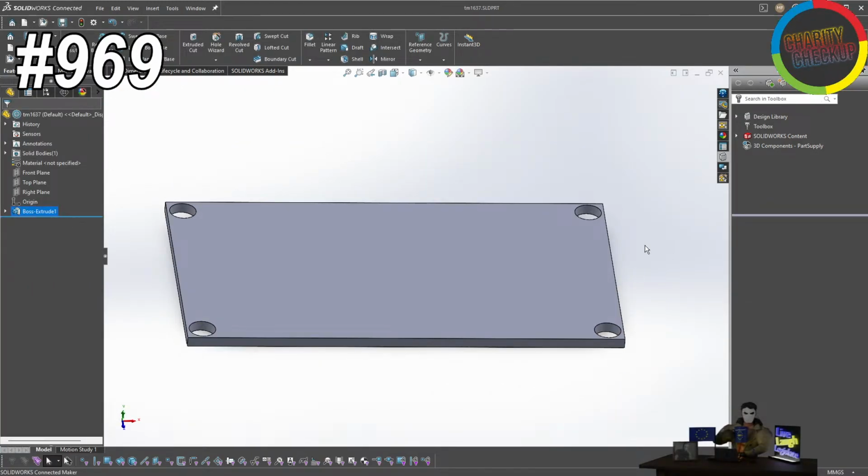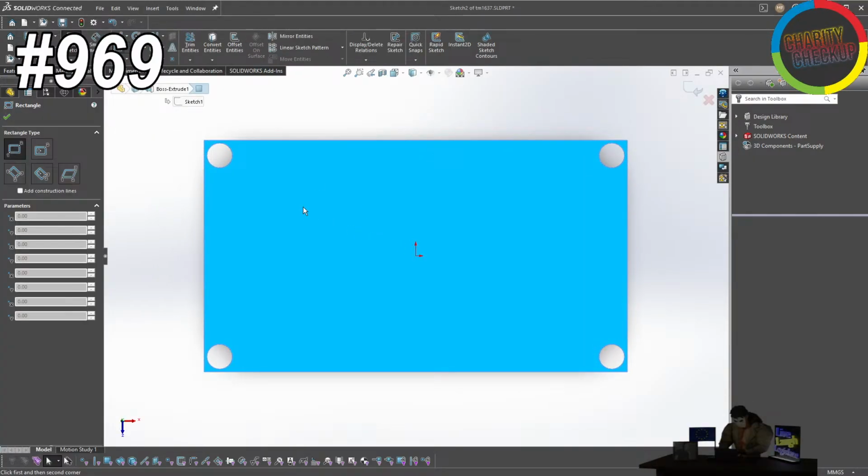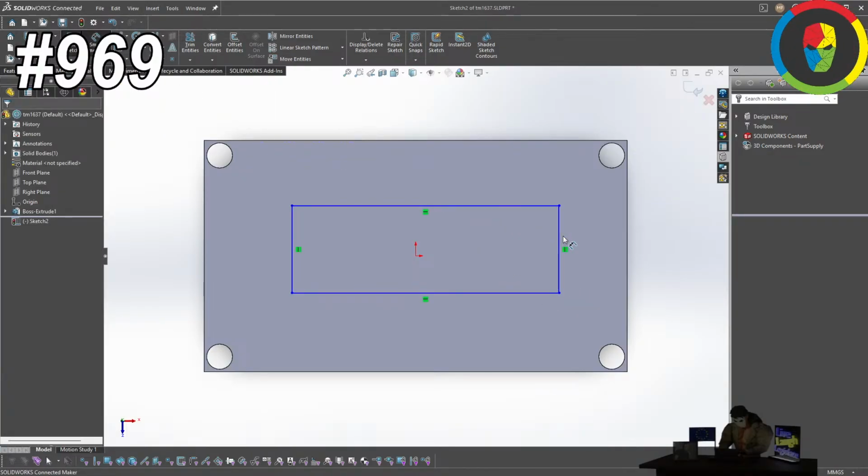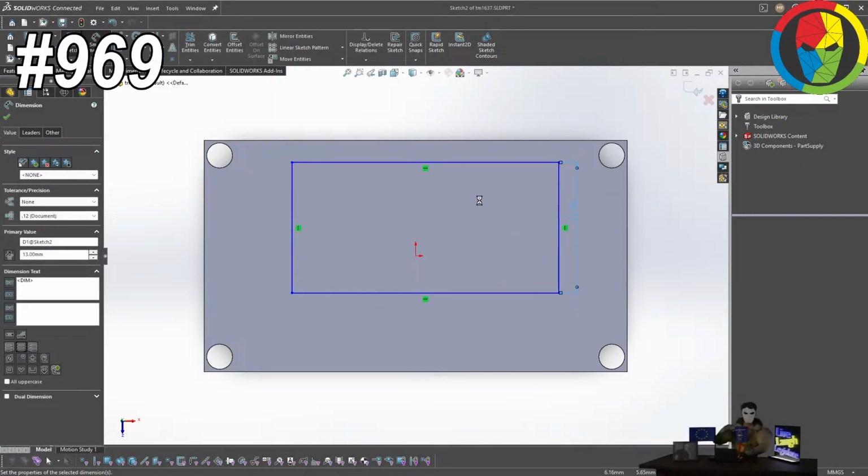There are pins on one side, which for now we're going to discard. But then what we need is the thing in the middle. 13 by 30.